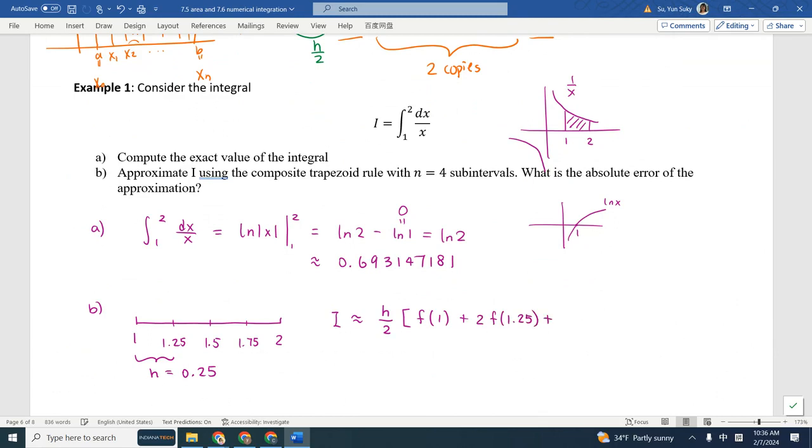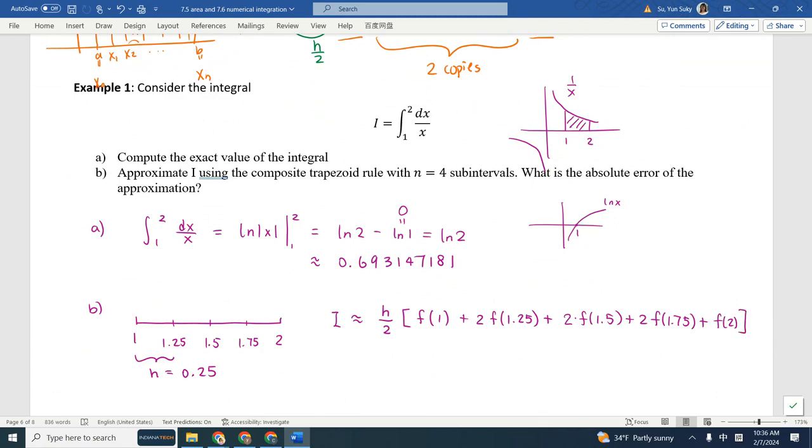All the interior points, 2 copies: 2 copies f of 1.25, 2 copies f of 1.5, and 2 copies f of 1.75. And f of 2, how many copies? 1 copy of f of 2.